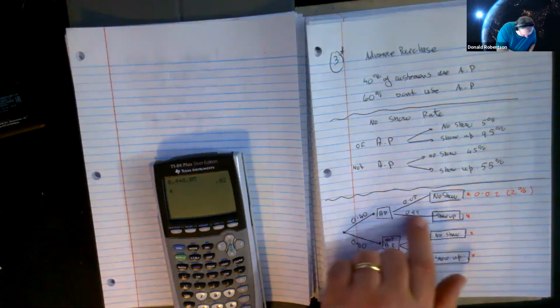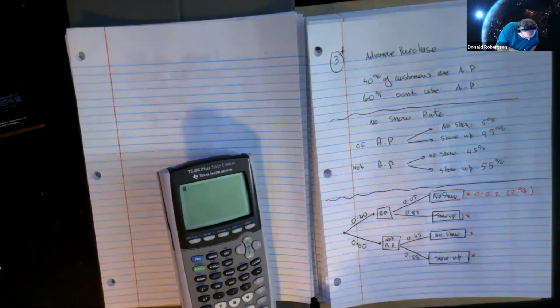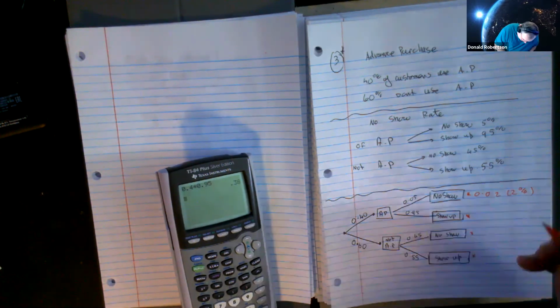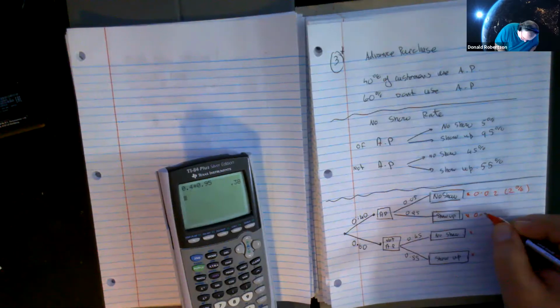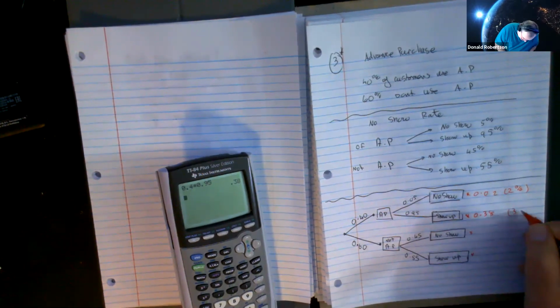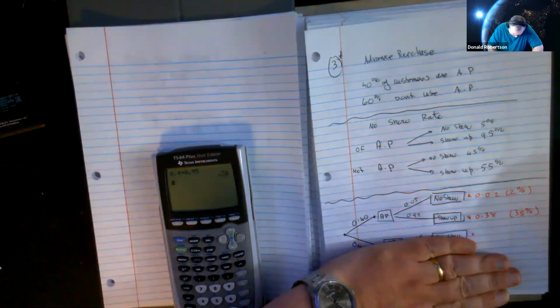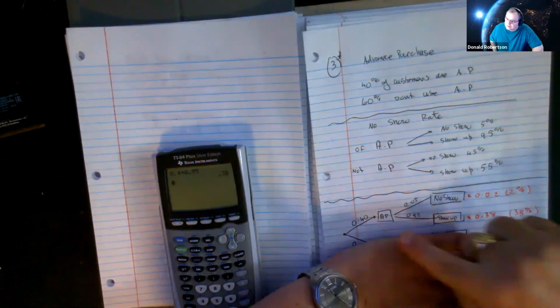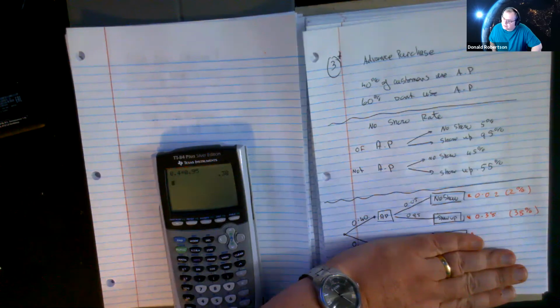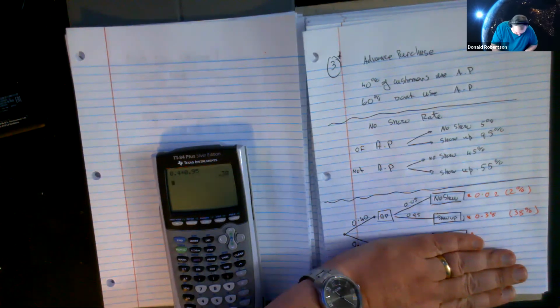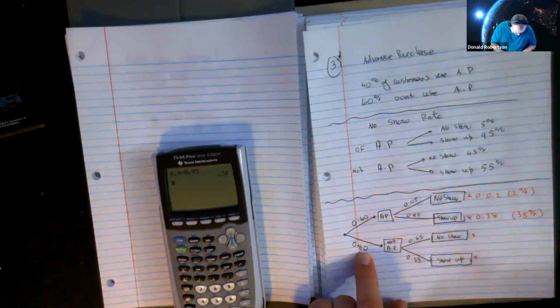Only 2% of them fall into this category of advanced purchase no-shows. Now, if you do the other one, you're going to get 0.4 times 0.95, which becomes 0.38. So that's 38%. Now, do you notice that this adds up to the 40%? And it should, shouldn't it, if you think about it? Now, how does this 60% split?